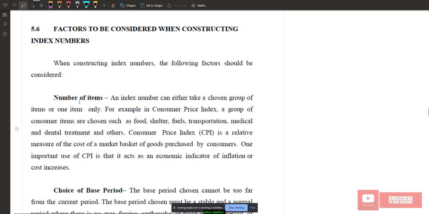Factors to be considered when constructing an index number. The first factor is the number of items. An index number can take either a chosen group of items or only one item, so we need to make sure the number of items is identified before we construct the index number.